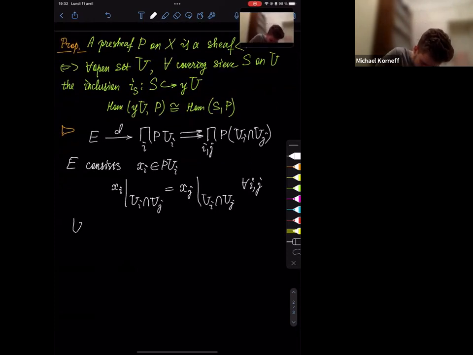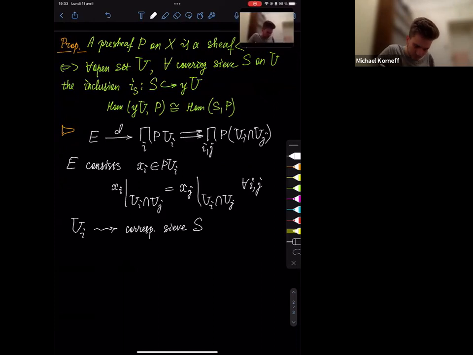Replace the covering Ui by the corresponding sieve S. I recall that it consists of such sets V with V a subset of some Ui for some i.